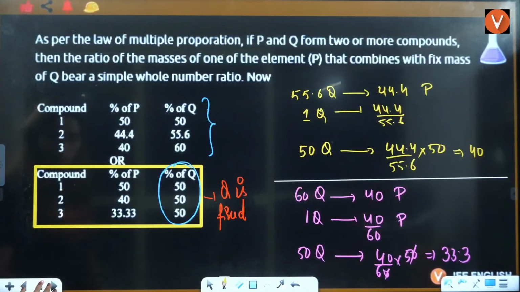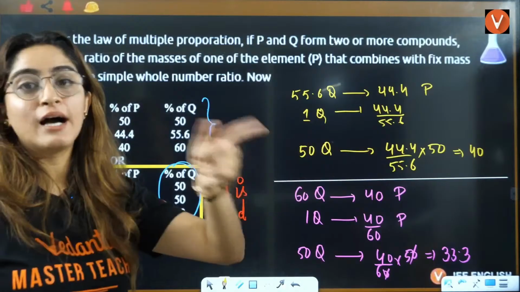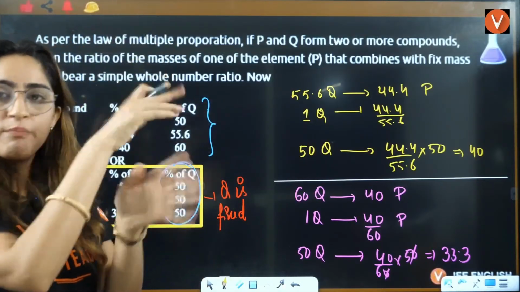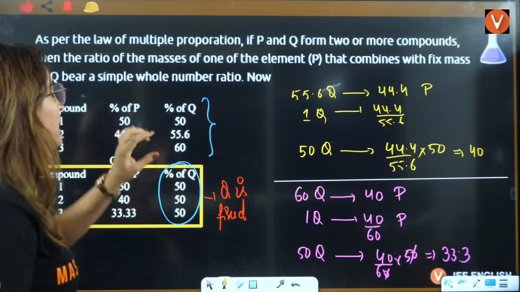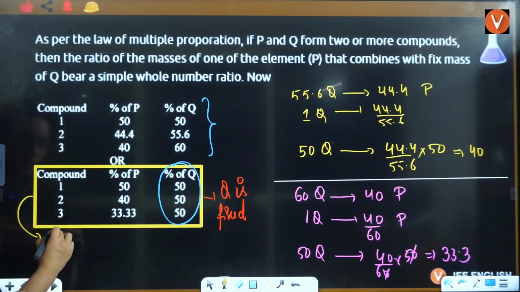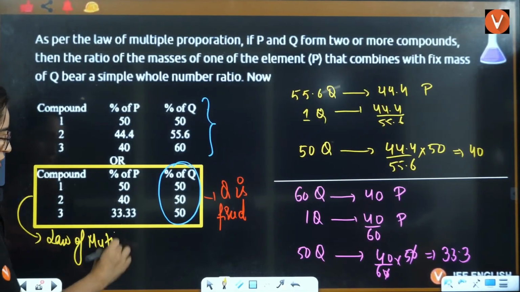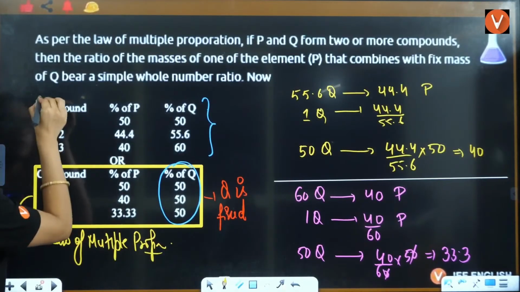Whenever you are calculating the empirical formula by this table of composition and atomic weight, then a simple whole number ratio, you will use this data. The other data is for when you are using the law of multiple proportion. That table is to verify with the help of the law of multiple proportion.